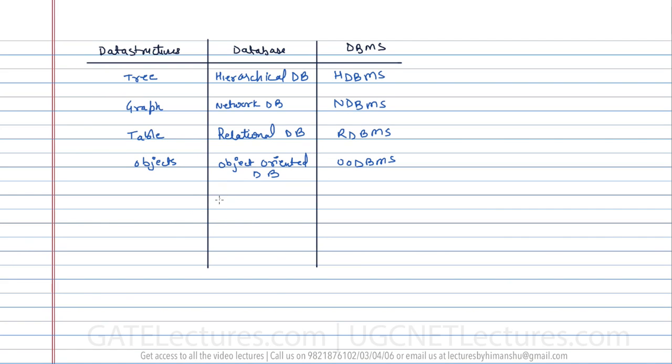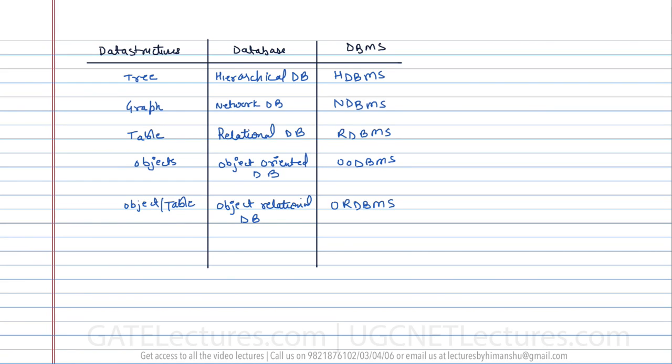Then we have object relational databases, also called ORDBMS, and the underlying data structures are objects as well as tables.